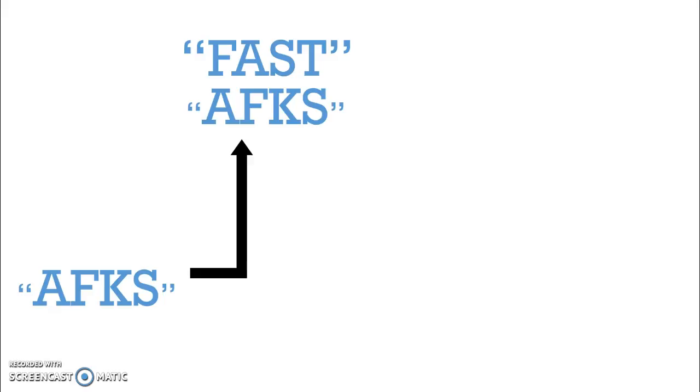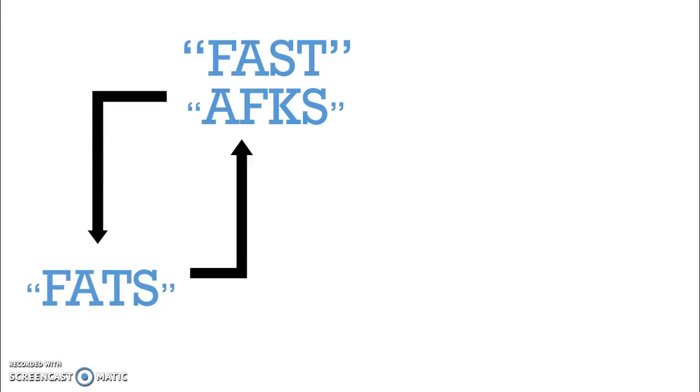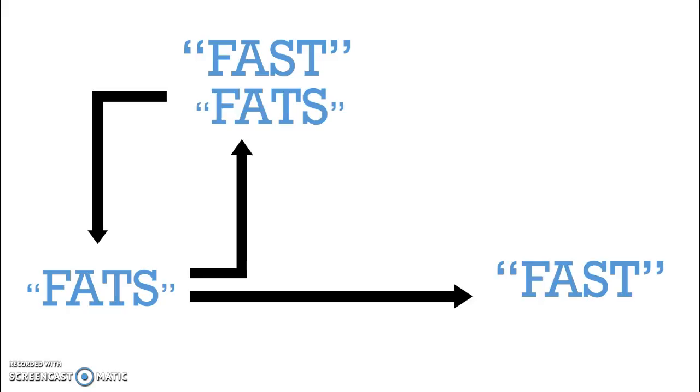And then I would analyze it to see if I got "fast", breed and mutate till it would be closer to "fast", such as "fats", and then I'll compare that, and then I'll breed and mutate again, and finally I shall output "fast".